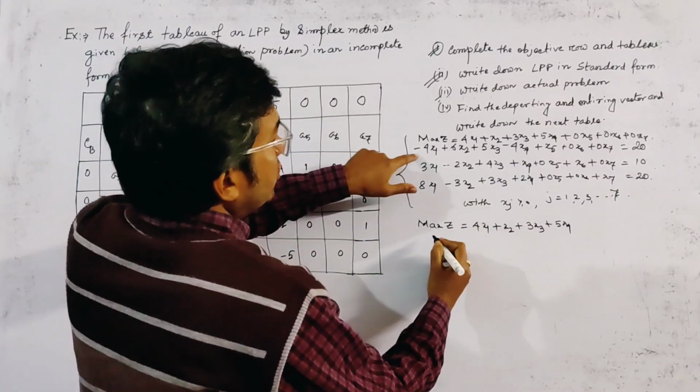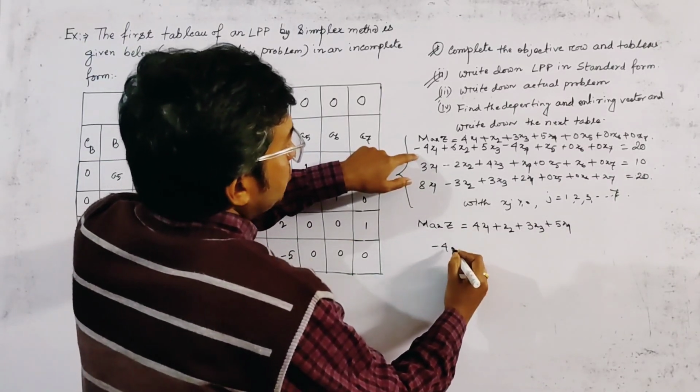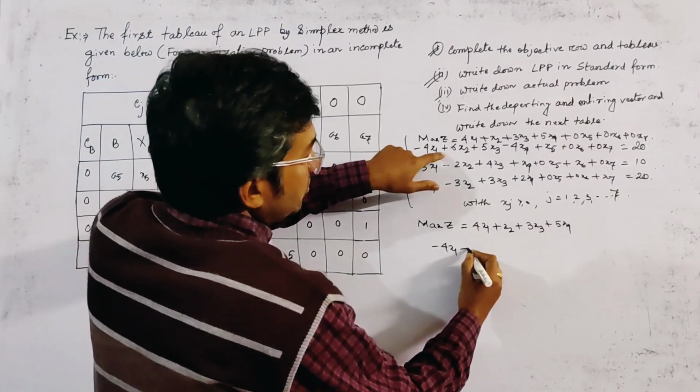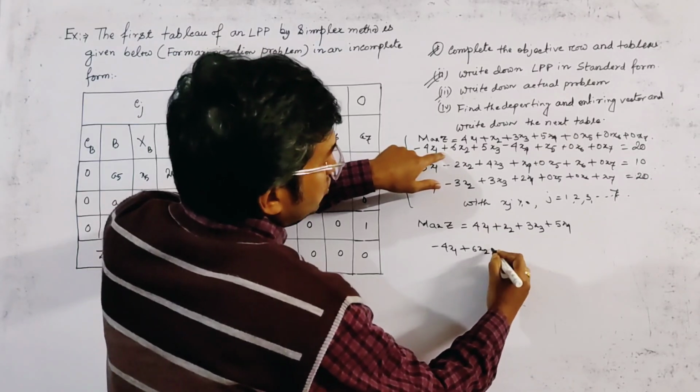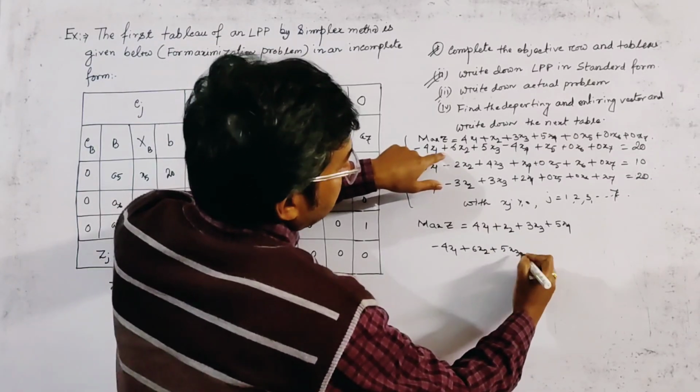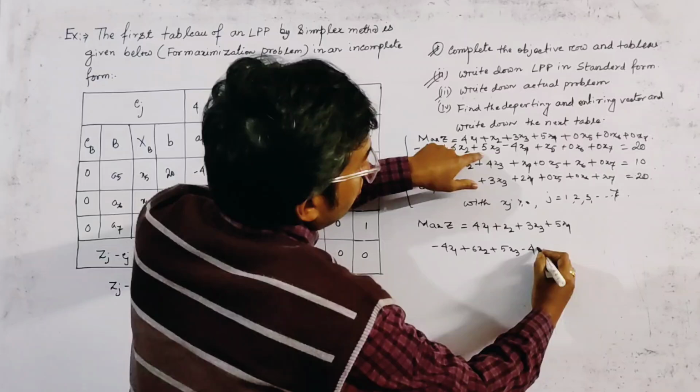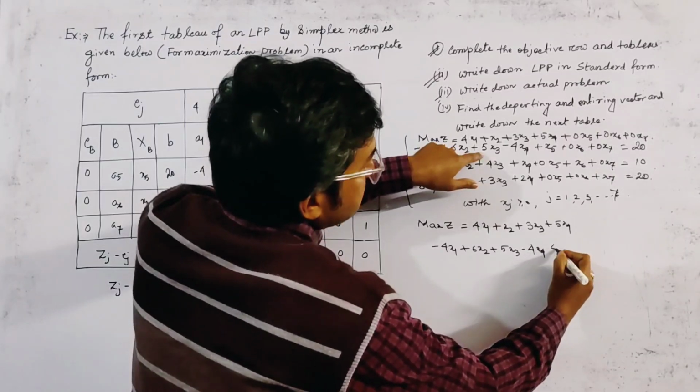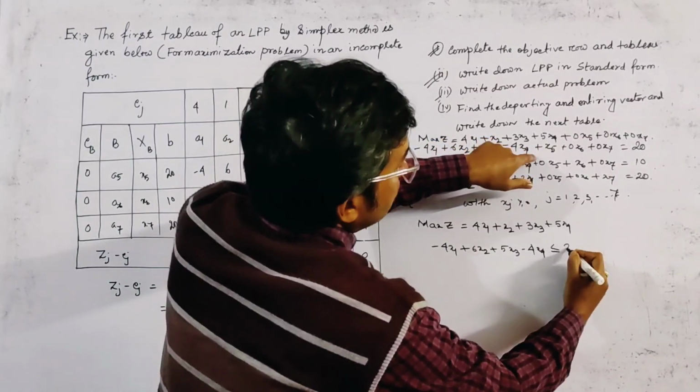Now the first constraint is given by -4x1 plus 6x2 plus 5x3 minus 4x4, less than or equal to 20.